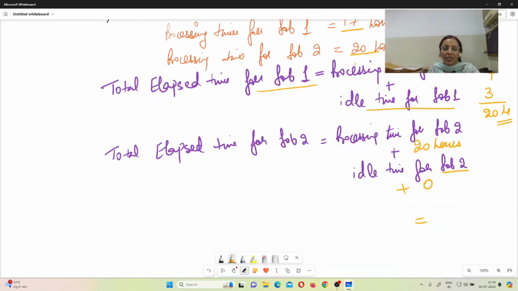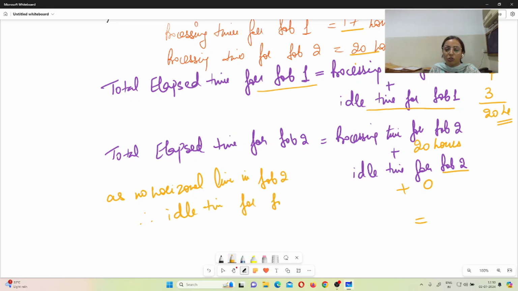We can write here: no horizontal line in job 2. Therefore, idle time for job 2 is equal to 0. That means 20 plus 0 is equal to 20 hours.